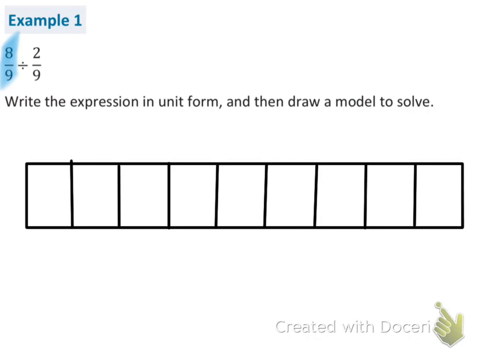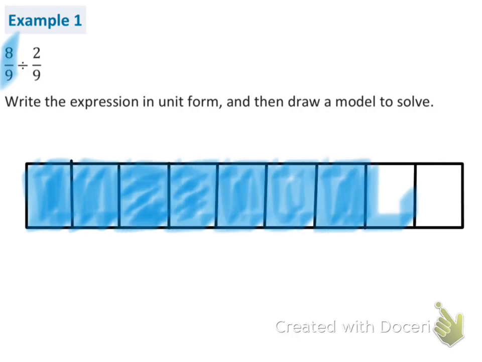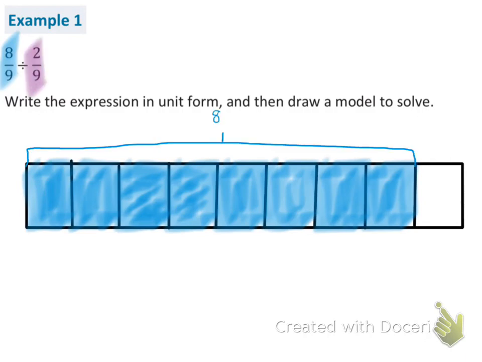And I need to show 8/9. So I'm going to shade in 8 out of 9. 1, 2, 3. And I'm going to keep shading until I shade in 8 out of 9. Now I want to know how many 2/9 are in 8/9. I need to label 8/9.